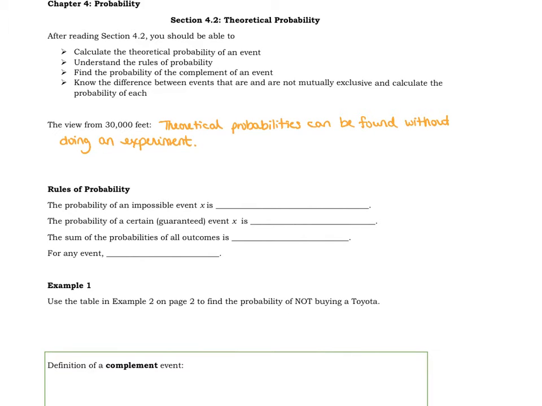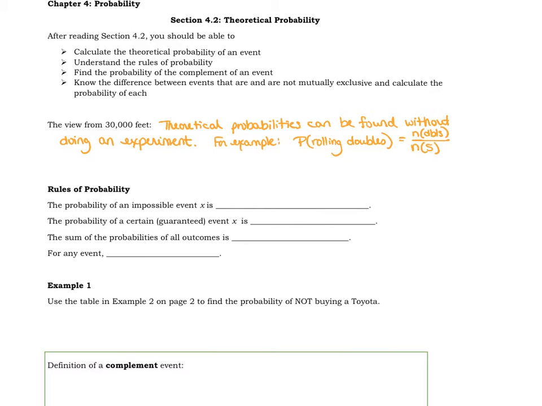One such example: we can find the probability of rolling doubles on a pair of dice by finding the number of outcomes that are doubles divided by the number of outcomes in S, the sample space.